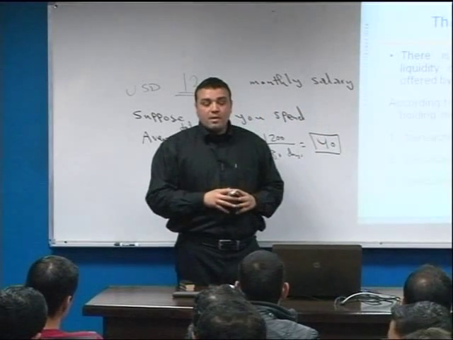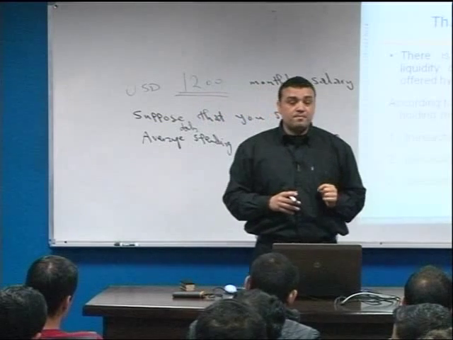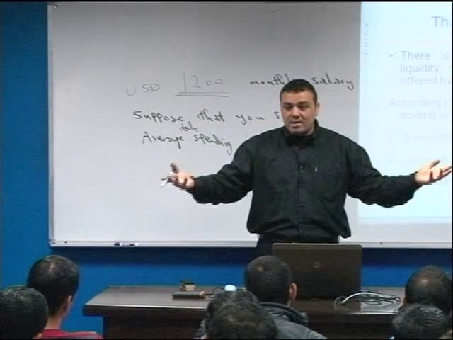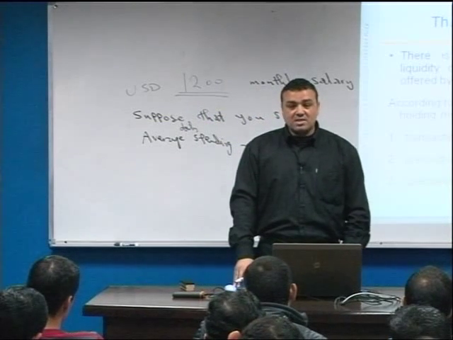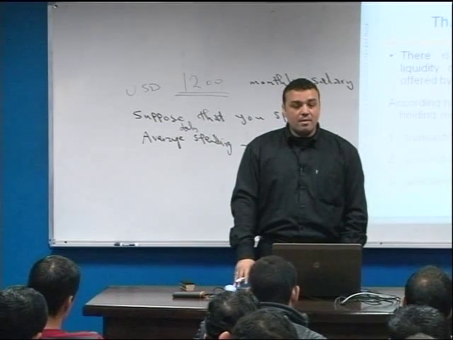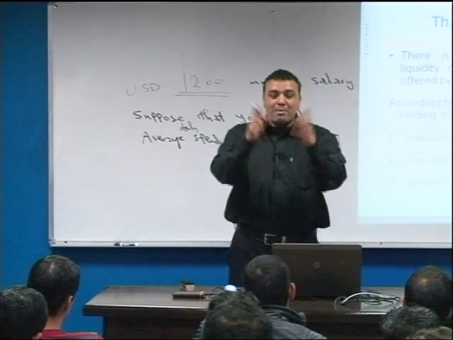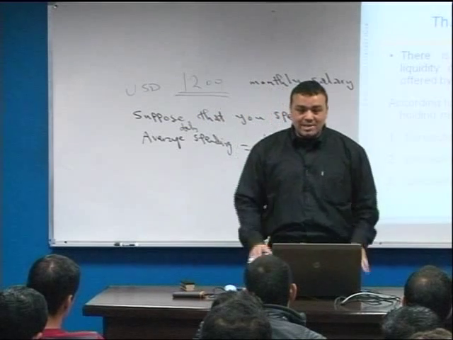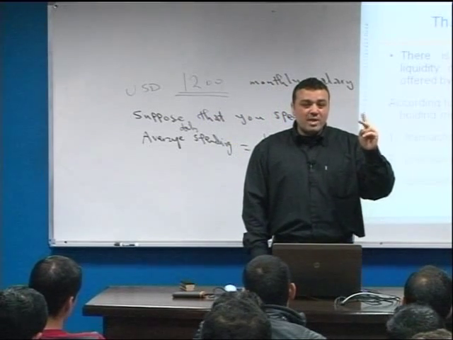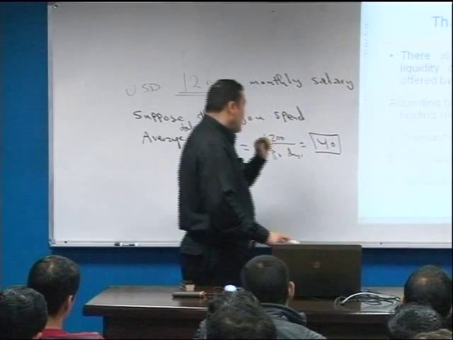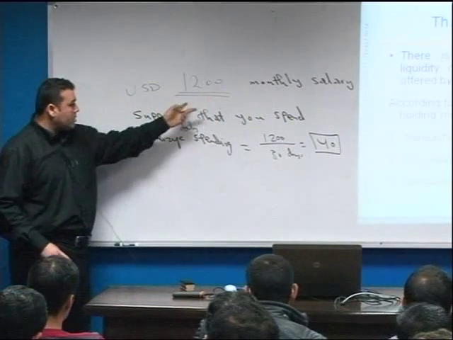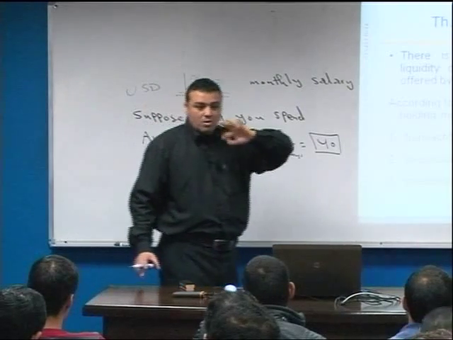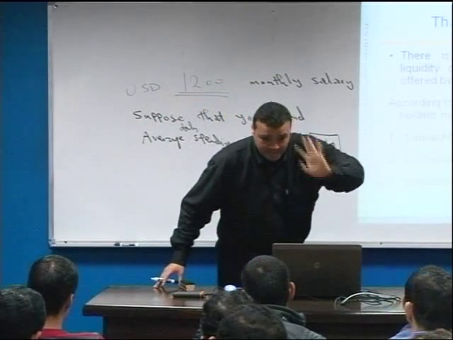Okay, the question is, how can you allocate or distribute this income to maximize the benefits of this income? To maximize the benefit from our income, we can distribute this income into two parts or three types of spending.